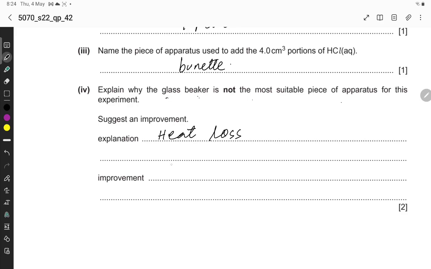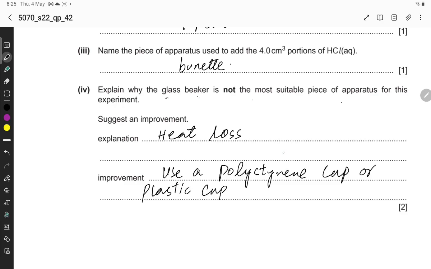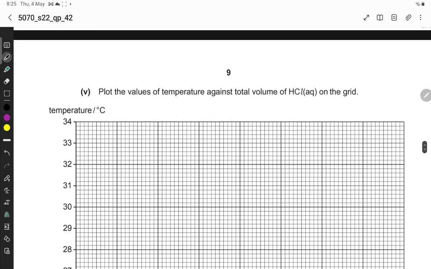Improvement: use a polystyrene cup or plastic cup, or you can insulate the beaker to minimize the heat loss.